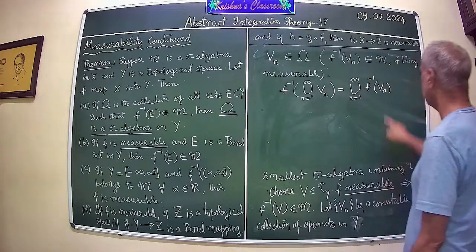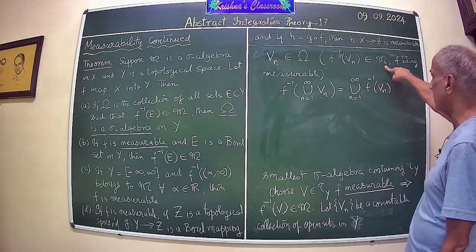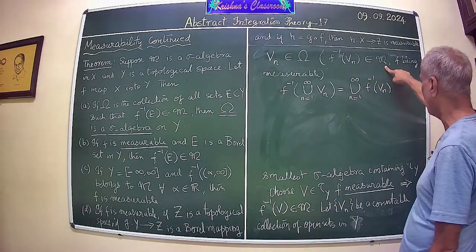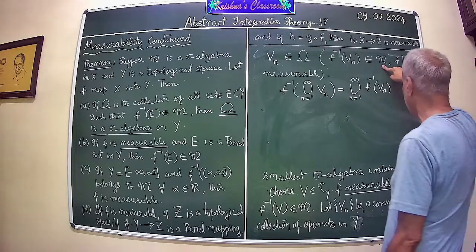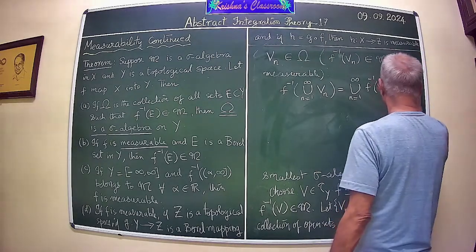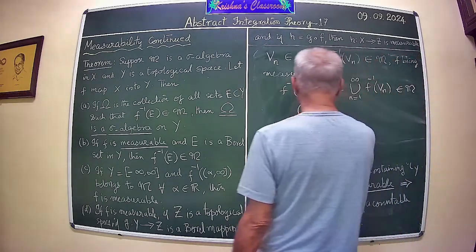And F inverse of Vn is an element of M. M is a sigma algebra, and this belongs to M because of that.